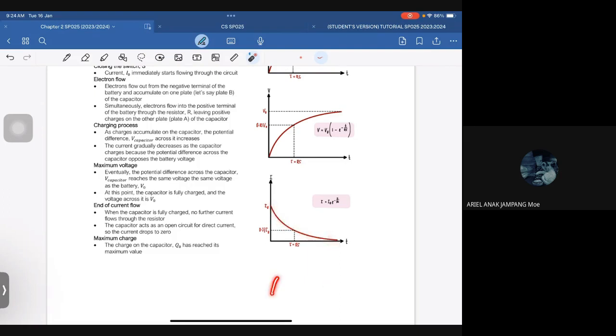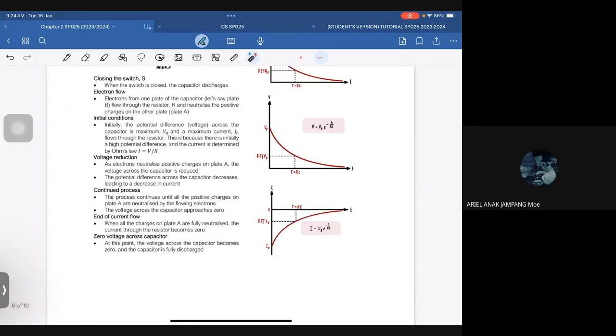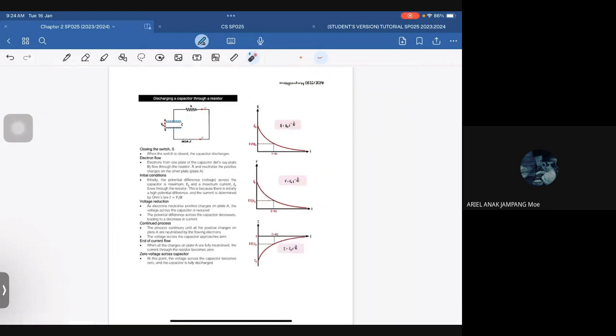So the opposite direction maksudnya dia macam ni lah. Tapi kalau saya prefer untuk kamu lukis satu charging positif, satu discharging negatif. Alright, itu untuk sketch graph lah.